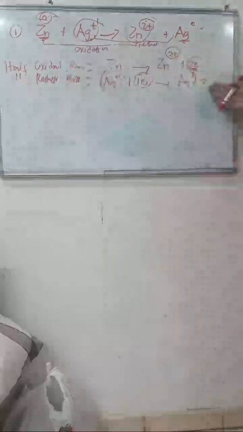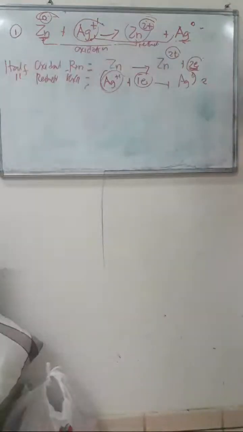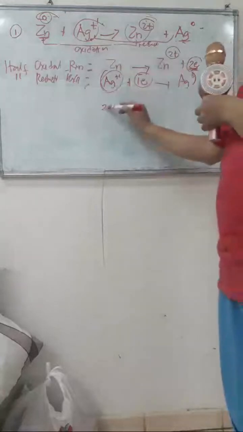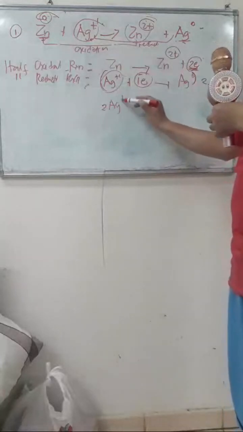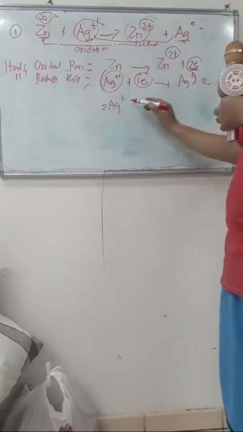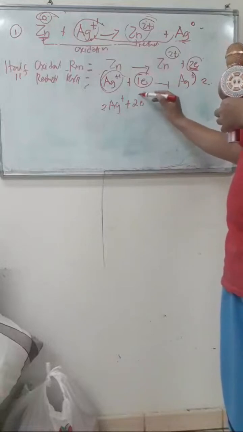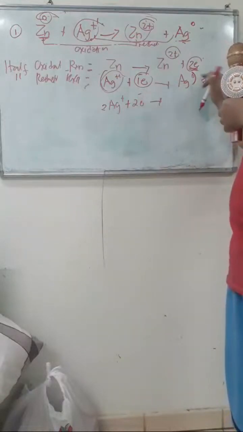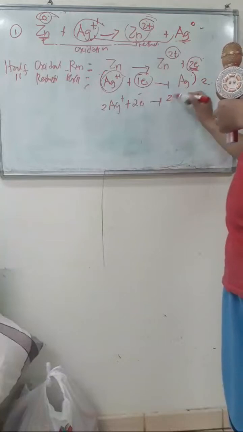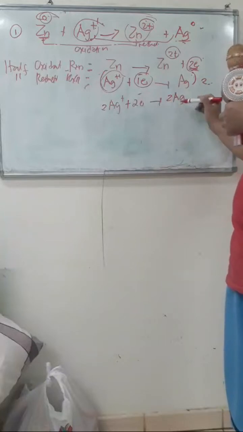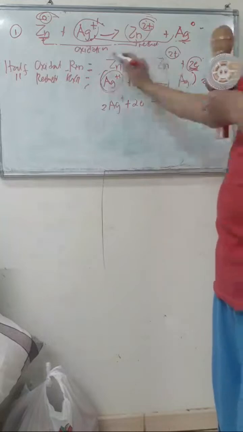Okay. So this is multiplying the whole thing. 2 times Ag positive, 1 electron times 2, 2 electrons. Ag times 2 is equal to 2 Ag. Okay, then add this from here.